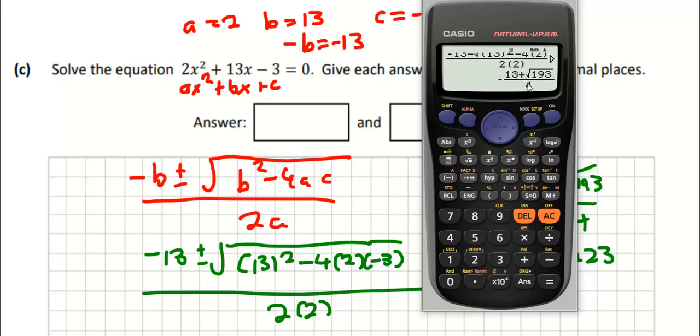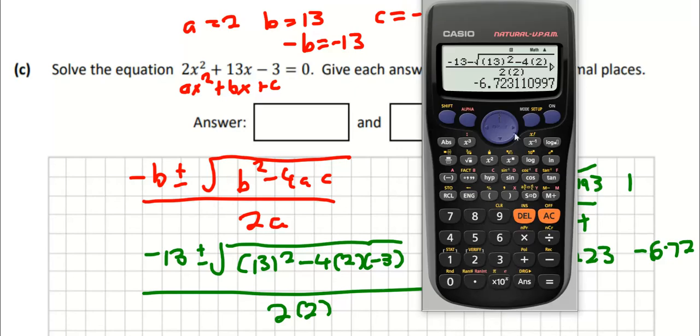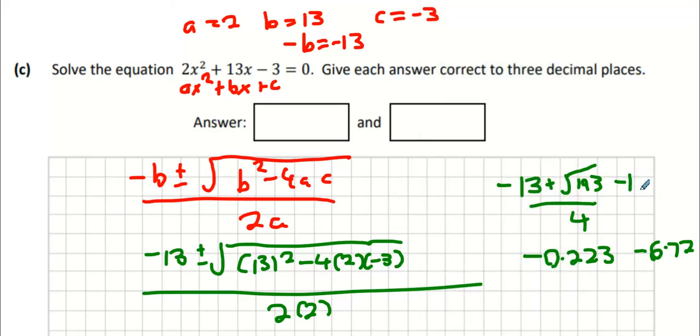There's your second answer, and when we change that, we get minus 6.72. So we've got our 6.72 and our minus 0.223.